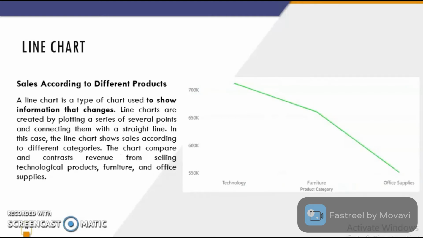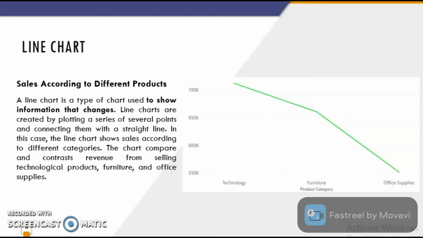The third chart is a line chart. Line charts are useful when we are going to show information that constantly changes. The line charts are created by plotting a series of several points and connecting them together. Here we are going to show the revenue earned from selling different categories of products.